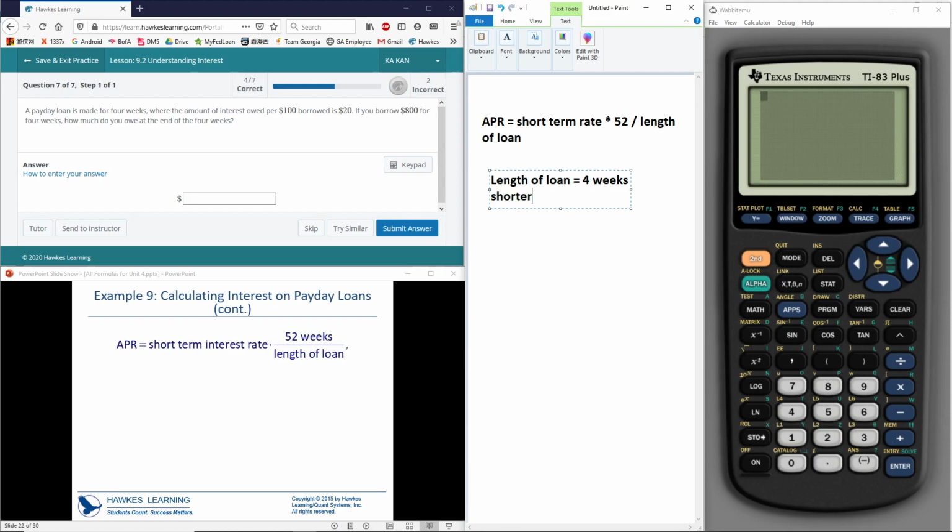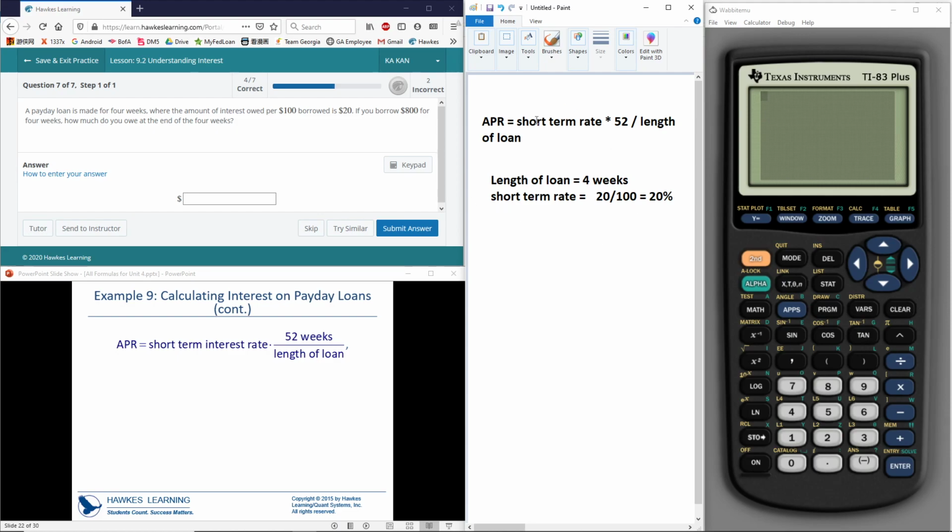The short-term rate, in this case, you have to pay $20 back for every $100 borrowed. So that's $20 over 100. And isn't that just 20%? You can put it in the calculator if you want to. 20 divided by 100 is 0.2. That's 20%.